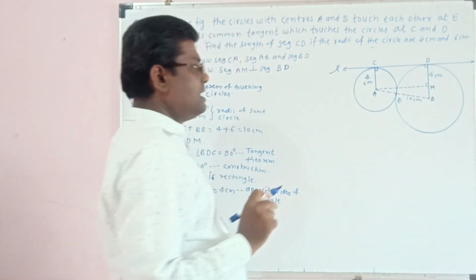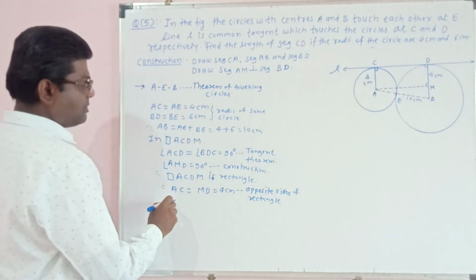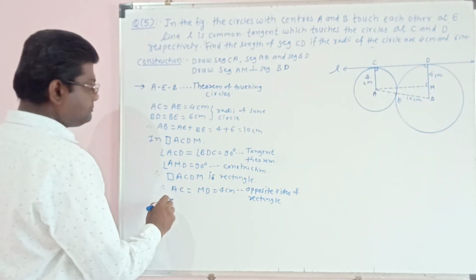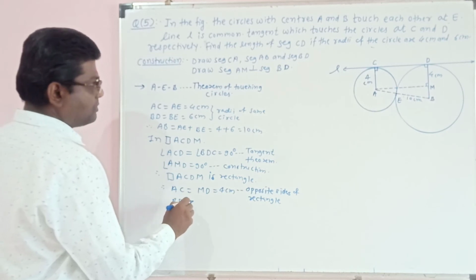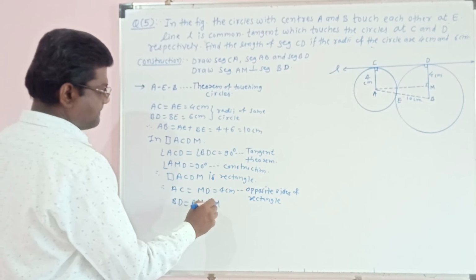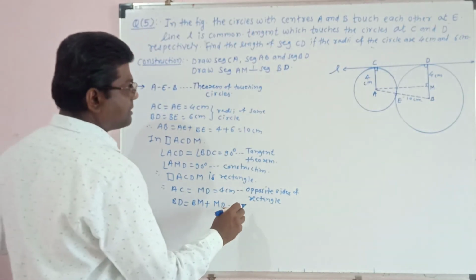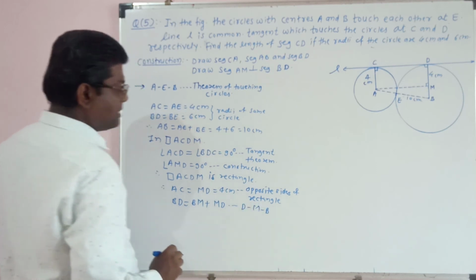Therefore, BM will be 2 centimeters. So here BD is equal to BM plus MD. Reason is D-M-B.